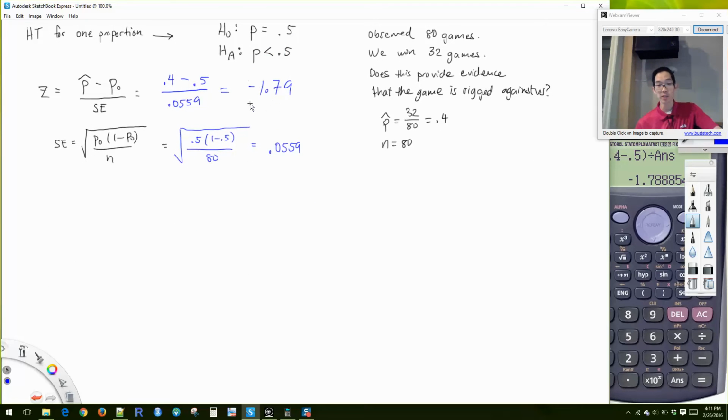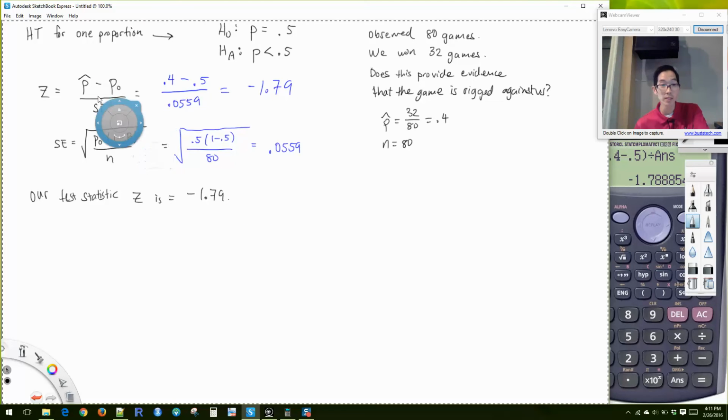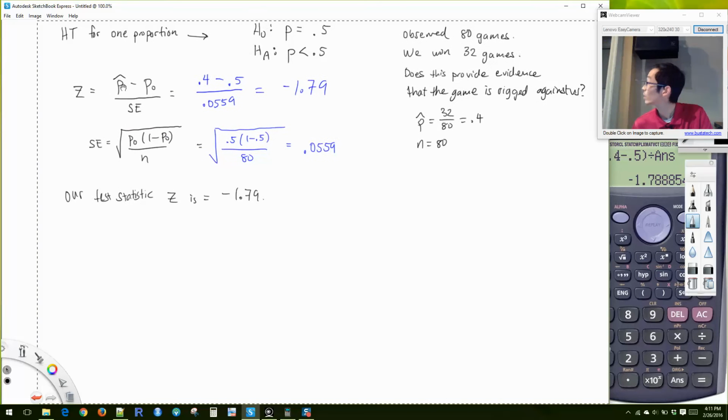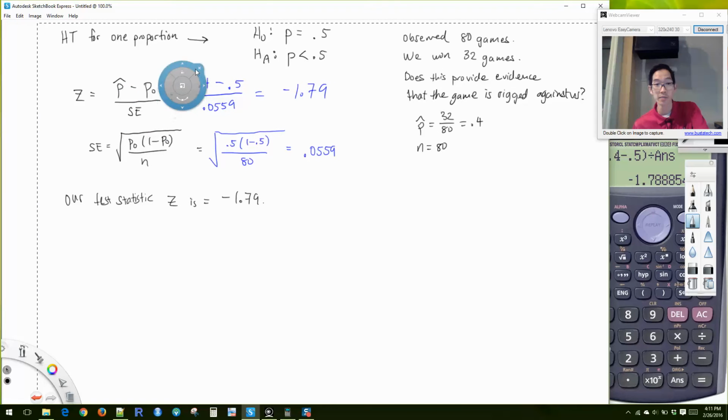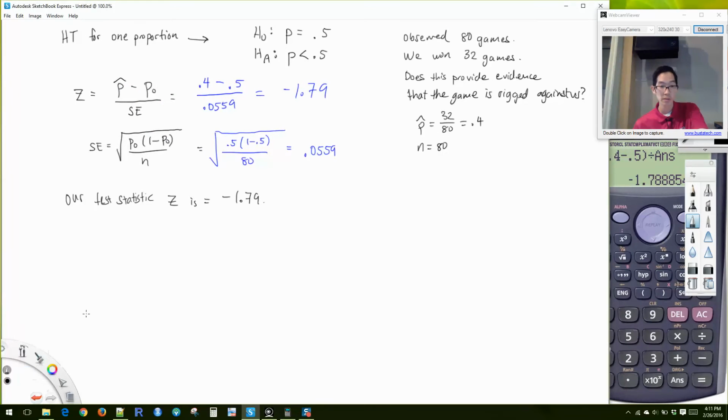Okay, so our test statistic z is equal to negative 1.79. Oh, I have to slide this over, things are cut off. Okay. So our test statistic z is equal to negative 1.79.